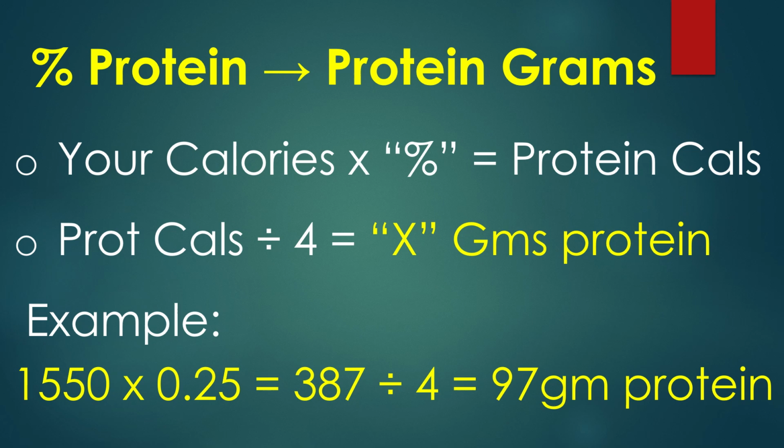So in my example, from the 1,550 calories a day, I had selected 25% of the calories coming from protein. That was 387 protein calories, and dividing it by 4 to get it into grams, it would be about 97, or roughly 100 grams of protein a day.